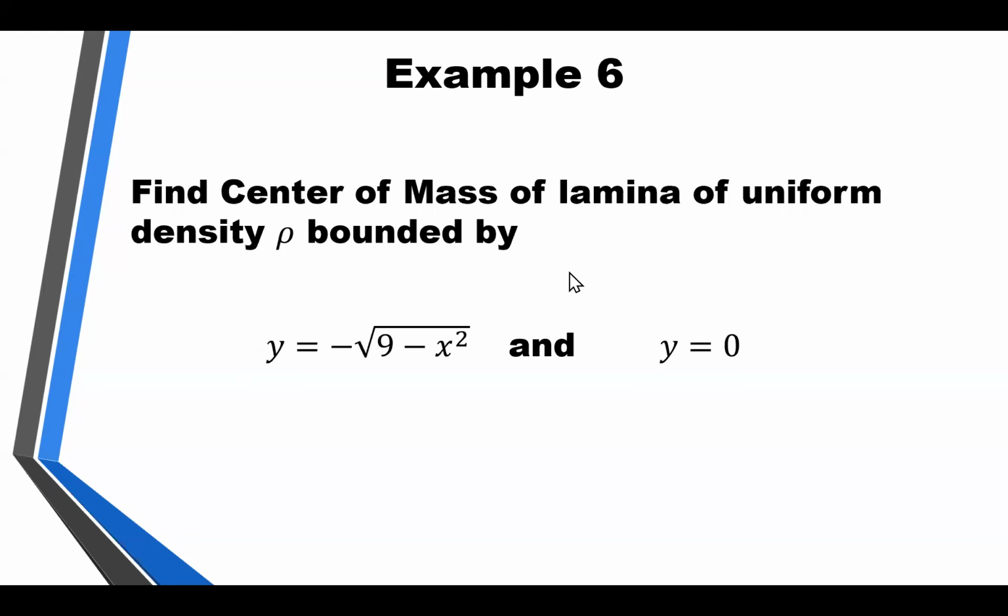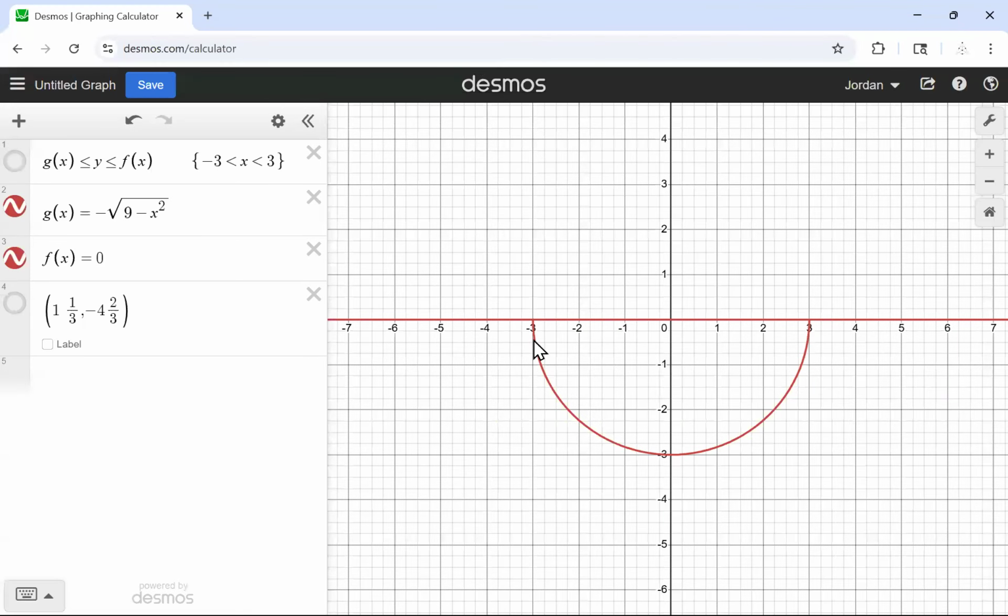Let's do another example. Let's find the center of mass of a lamina of uniform density bounded by y equals the negative square root of the quantity 9 minus x squared and y equals 0. The negative square root of 9 minus x squared is the bottom half of a circle of radius 3 centered at the origin.